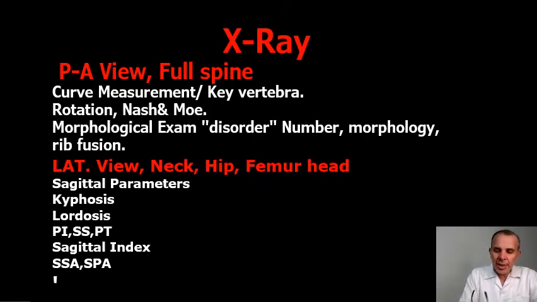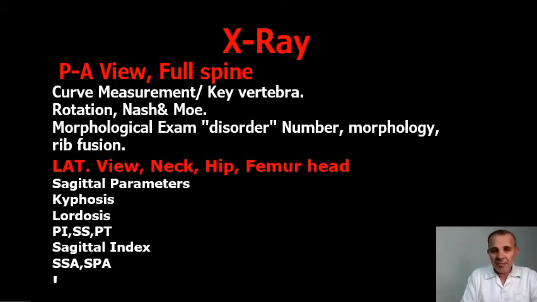Of course, the X-ray is still by far the gold standard for our patients and our practice, including the posterior anterior view for the full spine and the lateral view for the full spine, but we will include the neck, the hips, and the femur head, which is so critical, and we're going to know why and how.